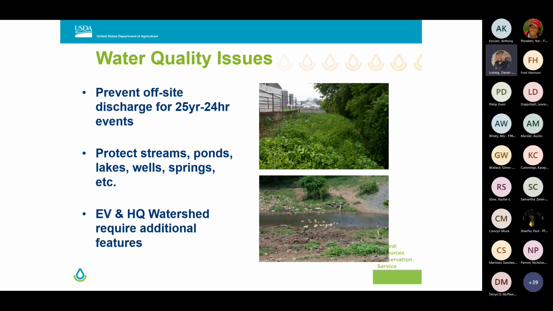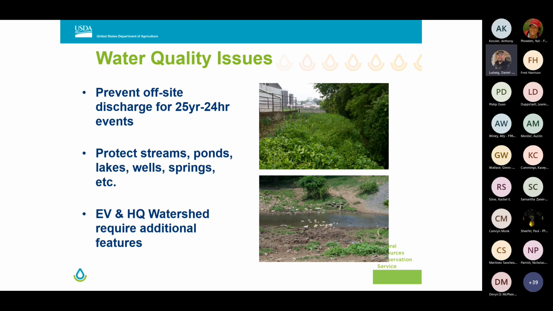So again, a lot of the standards on our animal waste handling practices, we're preventing discharge of the 25-year, 24-hour storm. We need to hold a certain amount of water back before it leaves. And again, our ultimate goal is to protect our streams, our ponds, lakes, wells, springs.